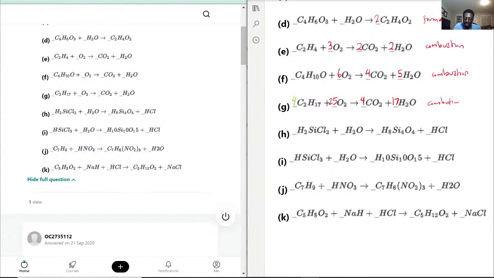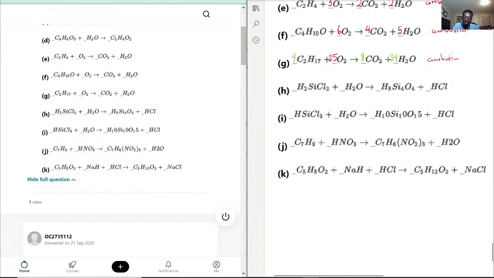And to make sure that we have 50 oxygens, that's what we get. So now we have 16 from here, plus 34 from there, and we have 34H2, which is going to be 34 times 2, which is 17 times 4. So all this makes sense.